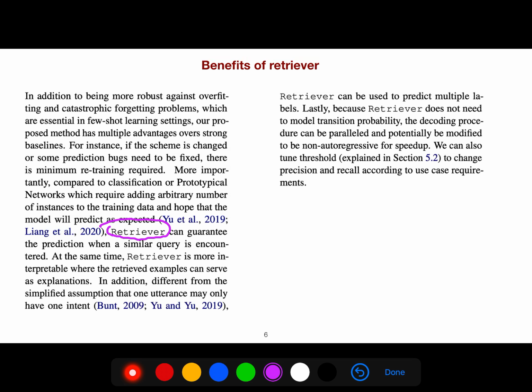So retrieval can be augmented with the classical few-shot learning so that it becomes more natural and realistic, pragmatic work of few-shot learning.